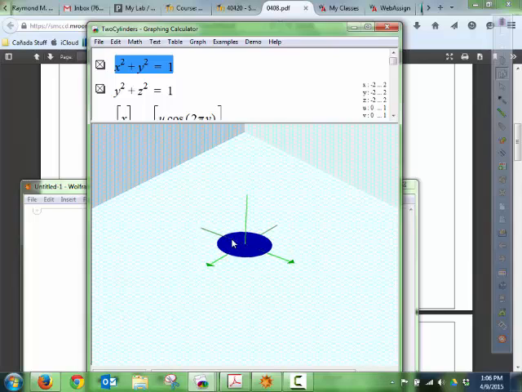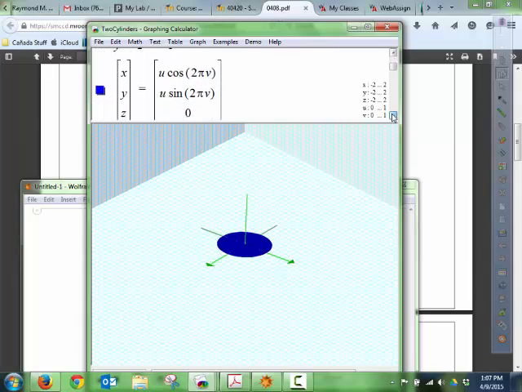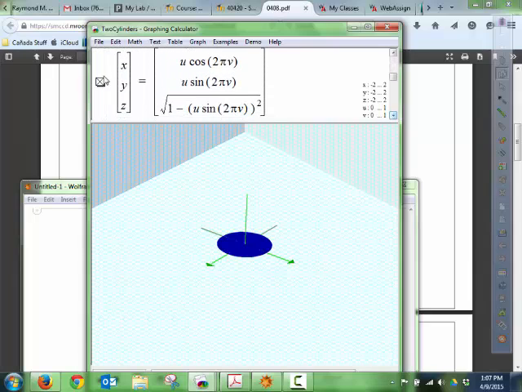So this is essentially our domain, and this is where we said we could do this in Cartesian coordinates, and then we eventually changed this to polar coordinates. But this is what we're integrating over.